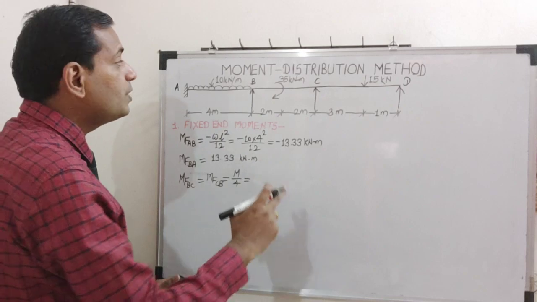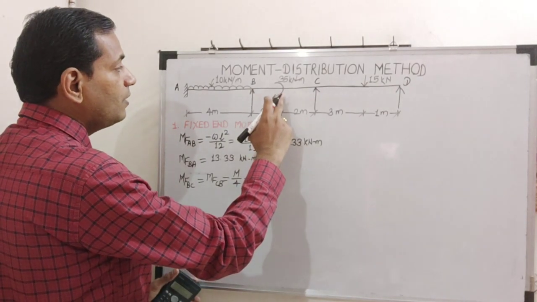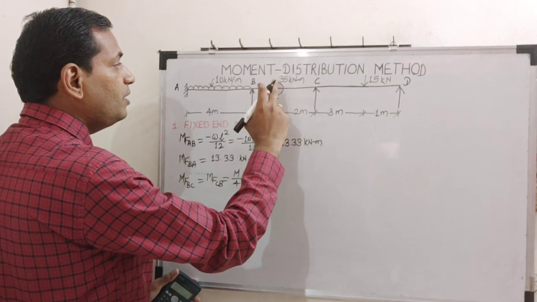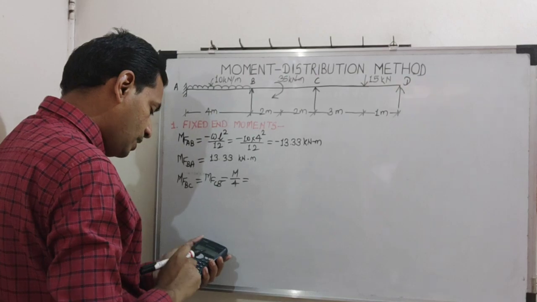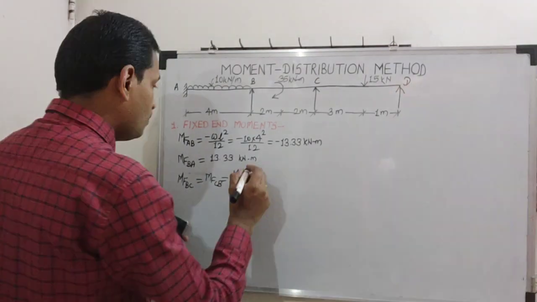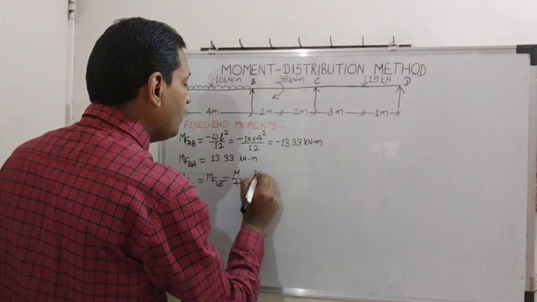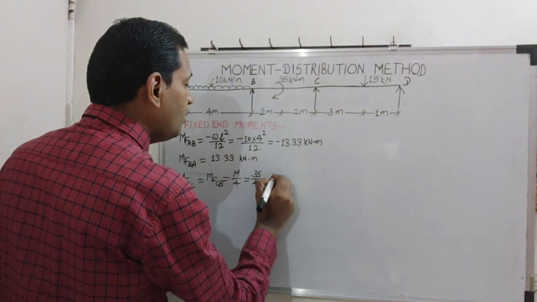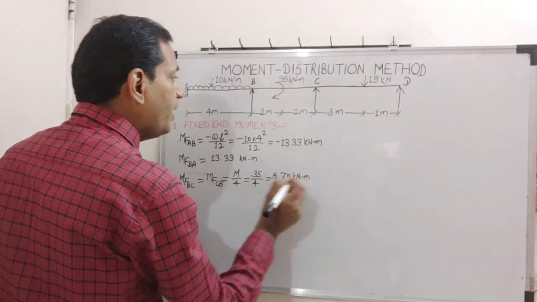Both will be plus if the couple is clockwise. Both will be minus if the couple is anti-clockwise. So M by 4 is the answer. So 35 divided by 4 is 8.75 kilonewton meter on both the ends.